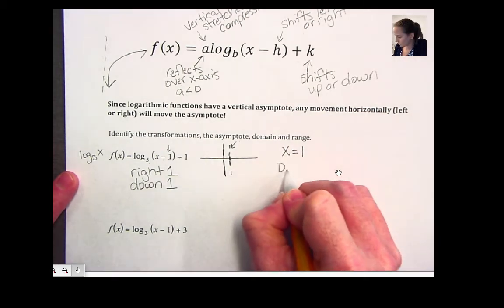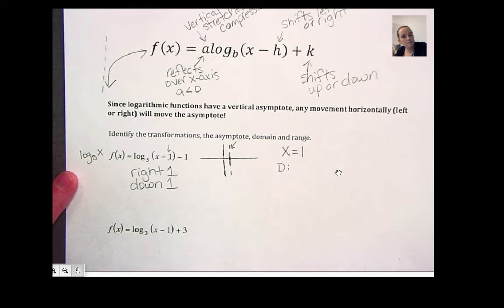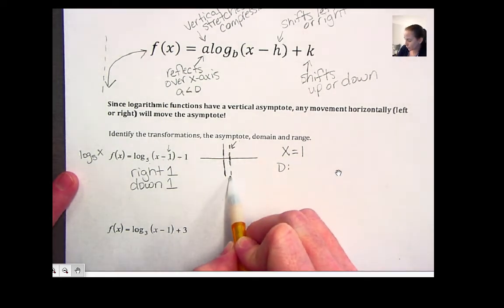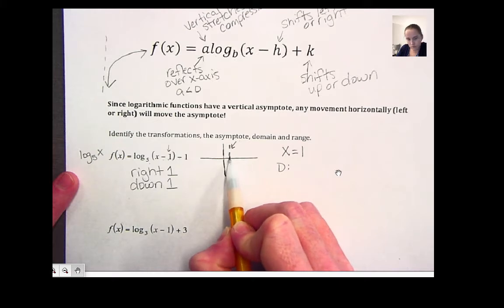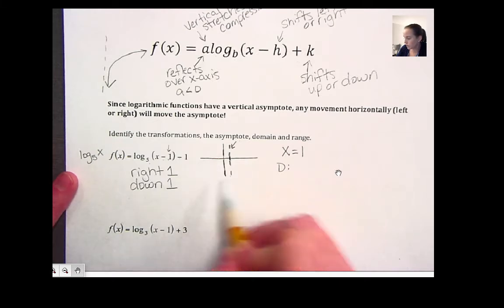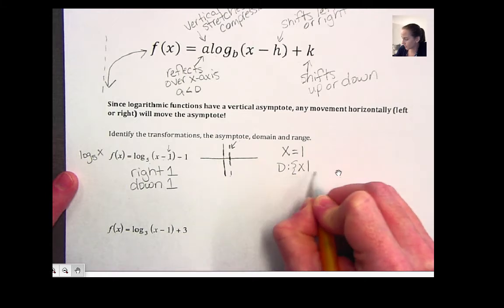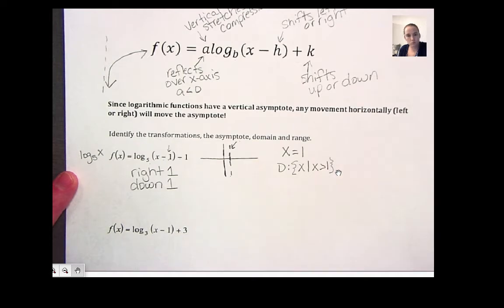The asymptote here is what controls the domain. In the last video, it controlled the range. So we're controlling the domain here. We're not going past this asymptote, nowhere on the left. So for the domain, we're going to have x such that x is greater than 1, because we're not going to touch that asymptote and we're not going past it.